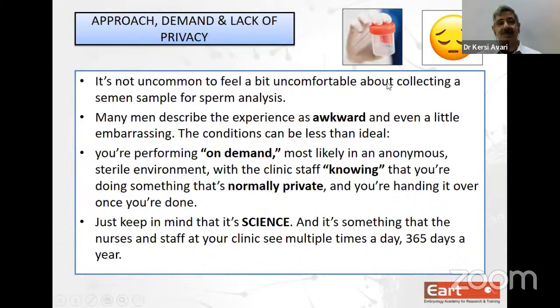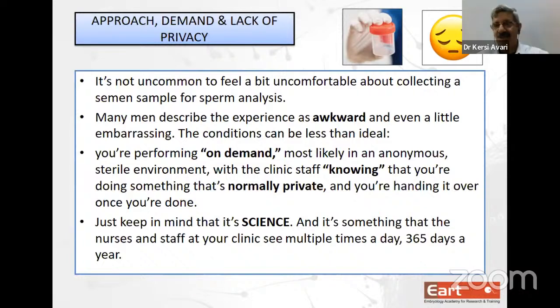It's always uncomfortable collecting a semen sample for an analysis. They find it embarrassing because when the staff, a ward boy or a sister approaches you with a collection container, you say it's so private. We are literally exposed out in the open. We get that feeling.